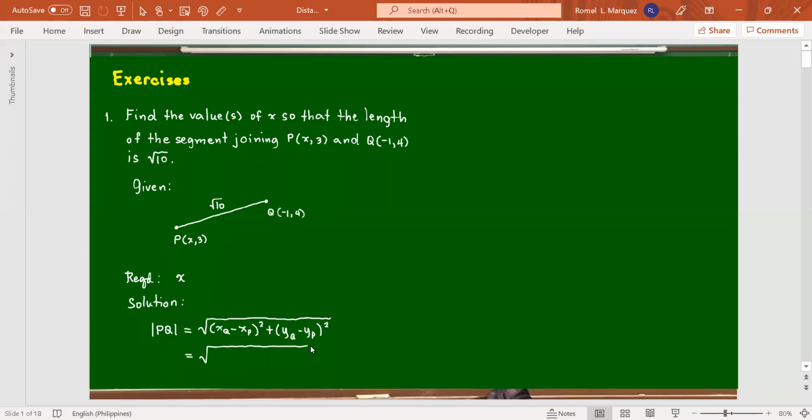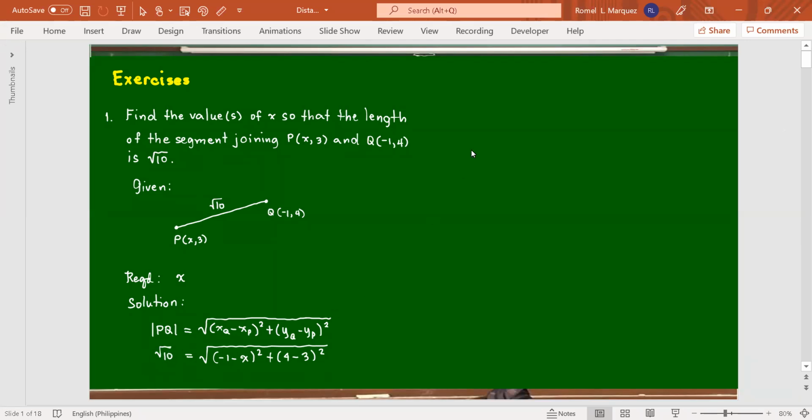Substituting the values, x_p is x, and x_q is -1. So (-1 minus x) quantity squared plus y_q, we have 4, then minus what, guys? 3. Minus 3, then quantity squared.